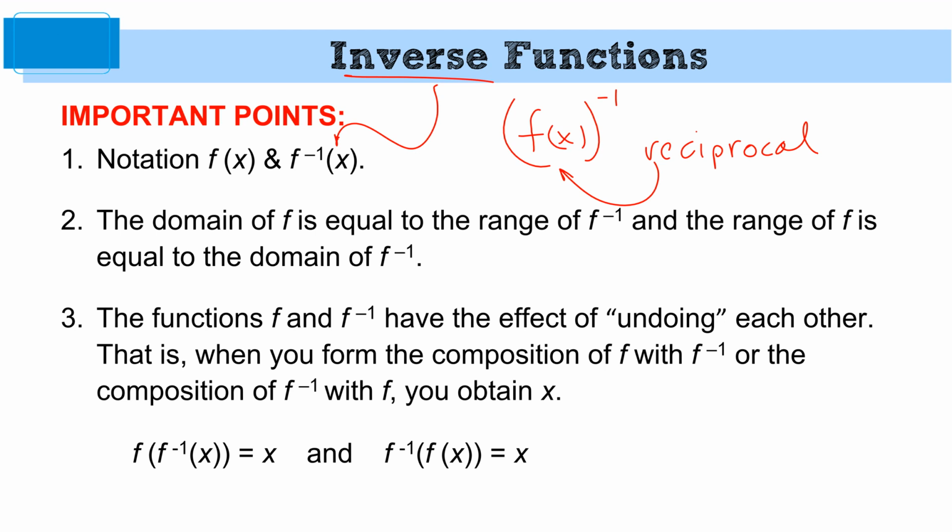And then number 3, you know that the property of an inverse is that they undo each other. Right? Maybe give me an example of an inverse function. A function and its inverse. Something simple. Okay, x squared.